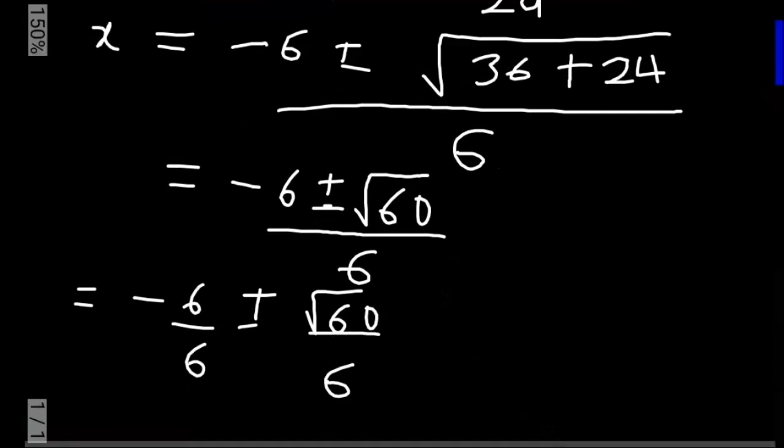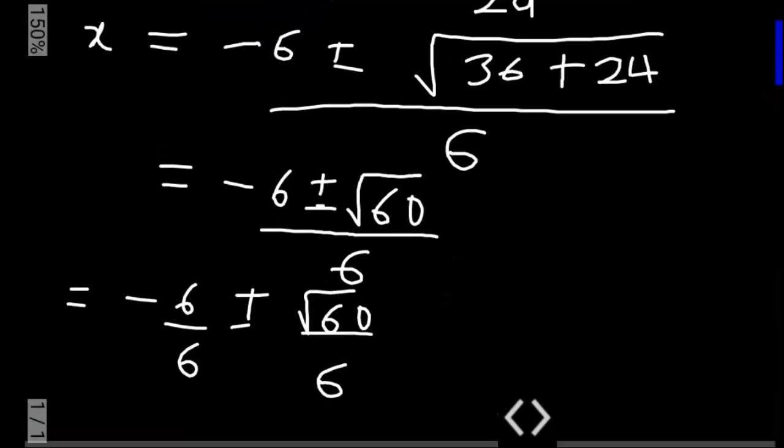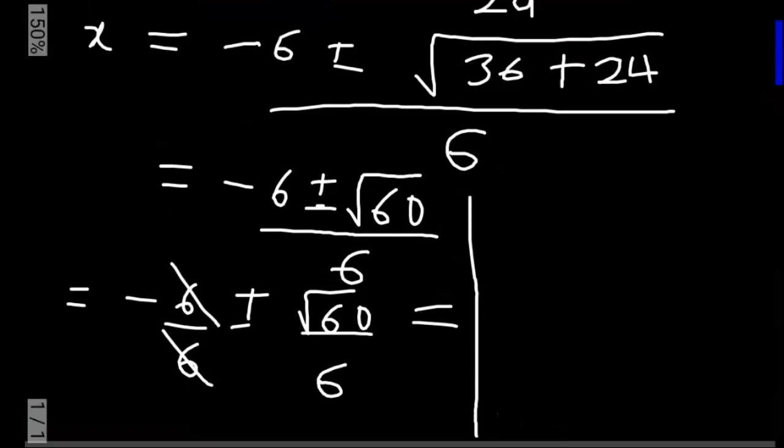Since we can't get the square root of 60, because it is not a perfect square, this gives us: 6 divided by 6 is 1, so we have minus 1 plus or minus root 60 over 6.